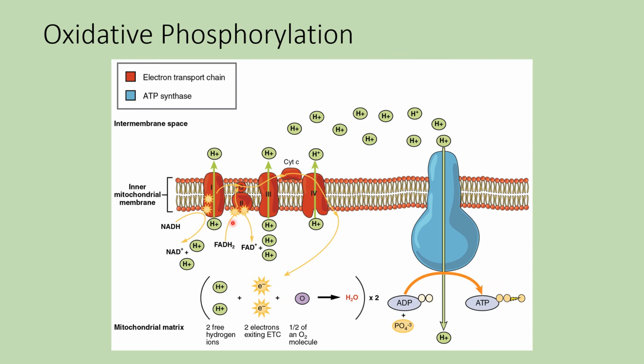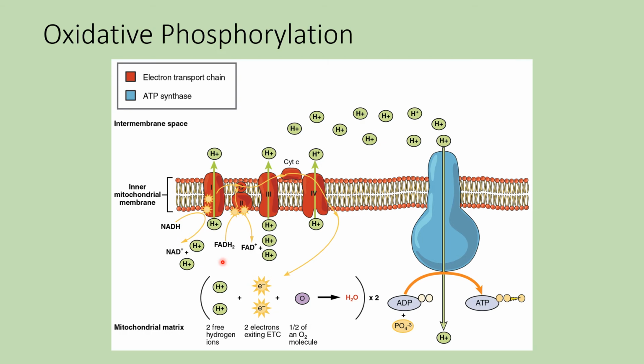So in this electron transport chain, you're moving the electrons along. Ultimately, oxygen is the final electron acceptor, and then it combines with hydrogen to form water. And over here is where you are generating all the ATP. For every NADH, you will generate 3 ATPs.